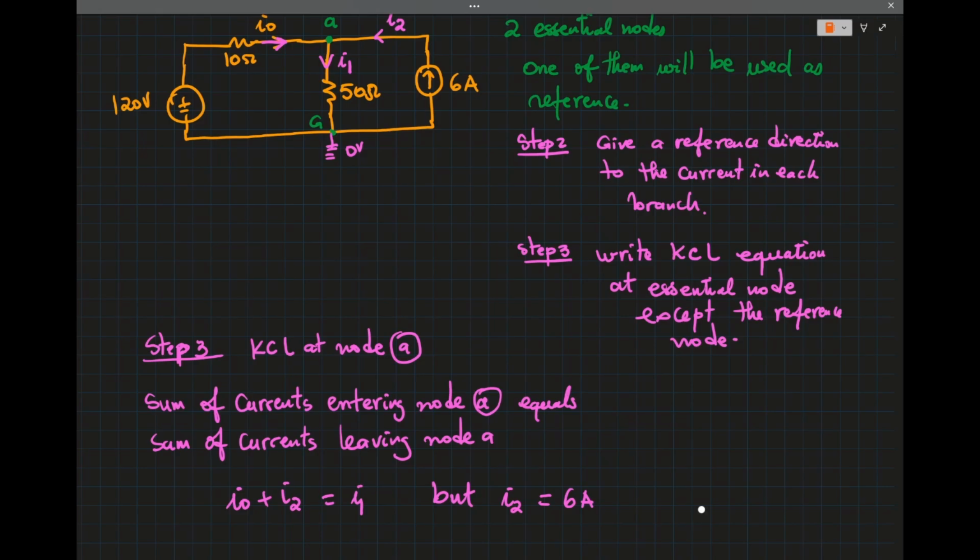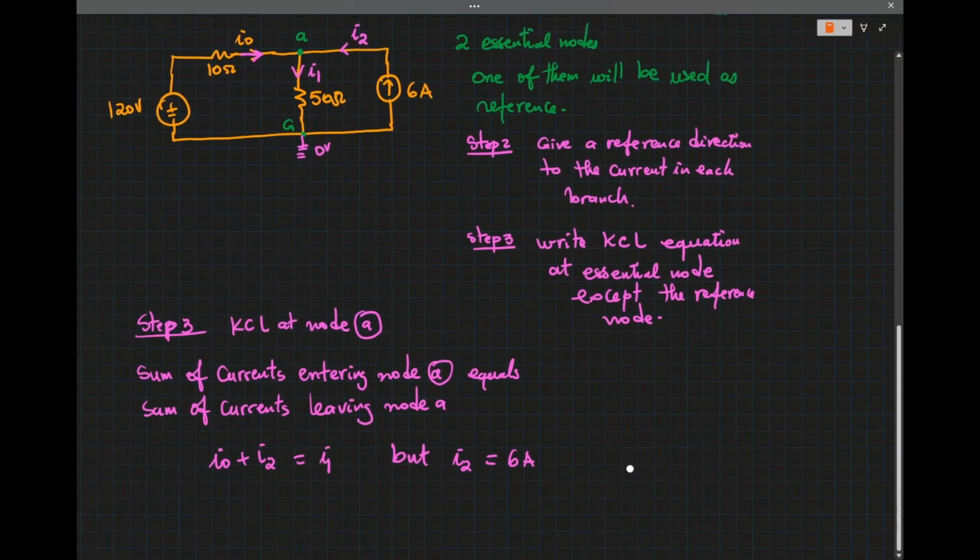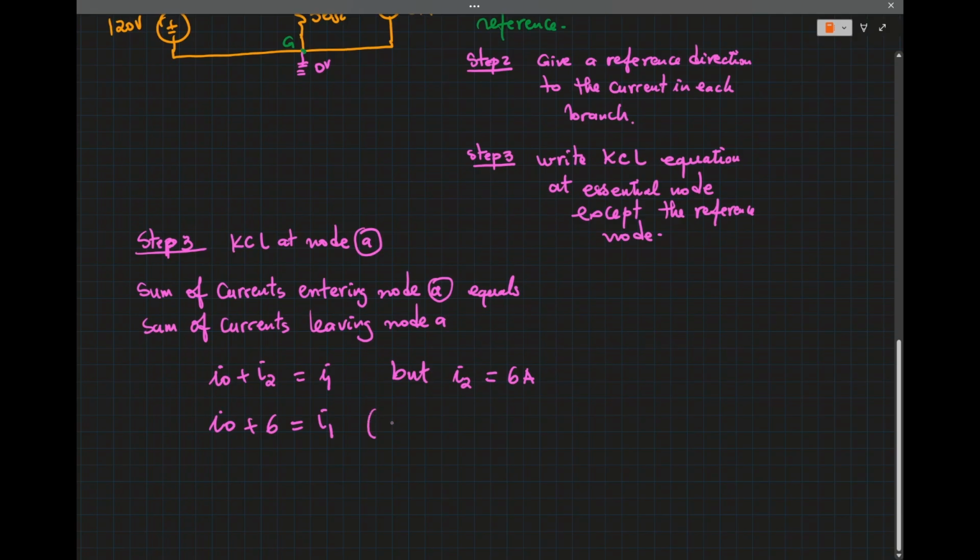Now let's write KVL. So this is I0 plus 6 equal to I1. This gives me one equation, two unknowns.